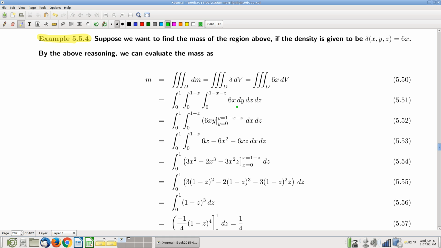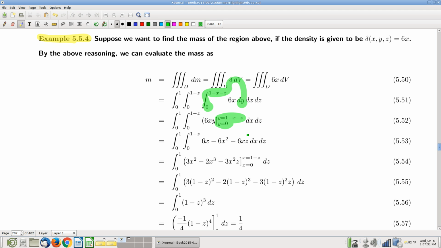Antiderivatives. Now, you've got to make sure to do your antiderivatives in the right order. Right? Got to do the dy integral first. So we're treating x as a constant. So the antiderivative is just 6xy. You plug in these bounds. Now again, it feels a little bit weird to say that y has a value which is a function.